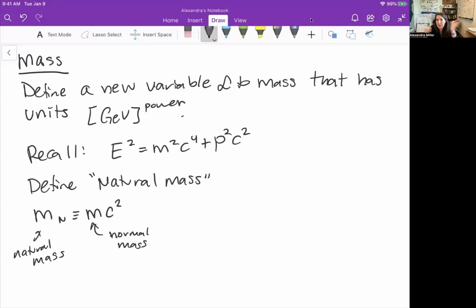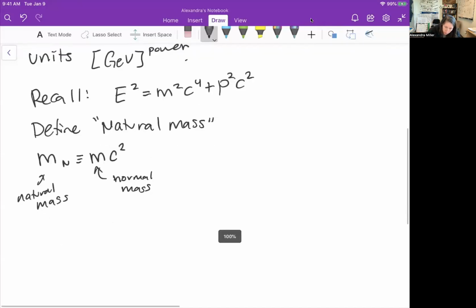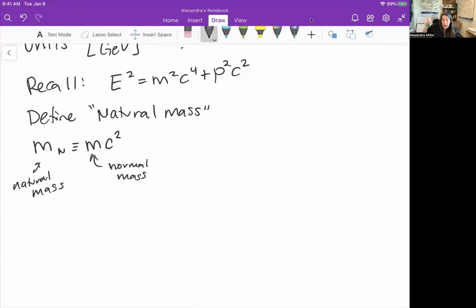I guess I knew that because that's E equals mc squared, so of course it has units of energy. It will be useful, just so you have it in your back pocket if you're working with natural units, to actually plug in these constants and see: if I give you a mass in SI units, so in kilograms, what would be the conversion factor? What do we multiply it by to get out our natural mass in GeV?